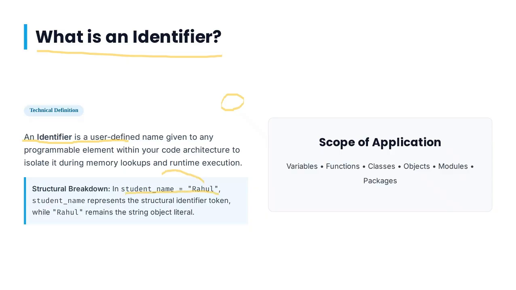Rahul is being stored in this variable student_name. Student_name represents the structural identifier token, while Rahul remains a string object literal. The student_name is the identifier, whereas Rahul is the thing that needs to be stored in it. The scope of application: variables, functions, classes, objects, modules, packages.